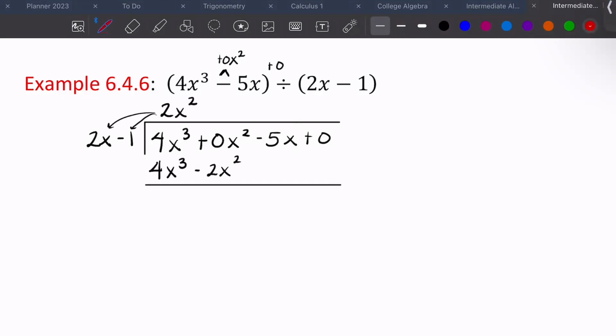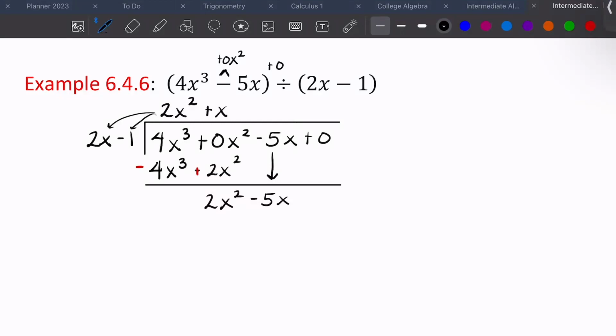Change your signs. You should get 0. We got 0, so we're good. Right? Add down 2x squared. Bring 5x down. Do it again. So we need to multiply times 2x. Nope, just x.